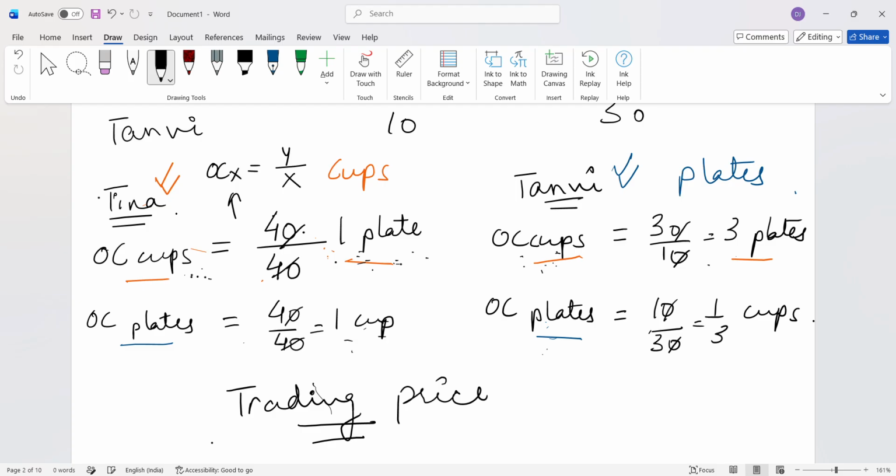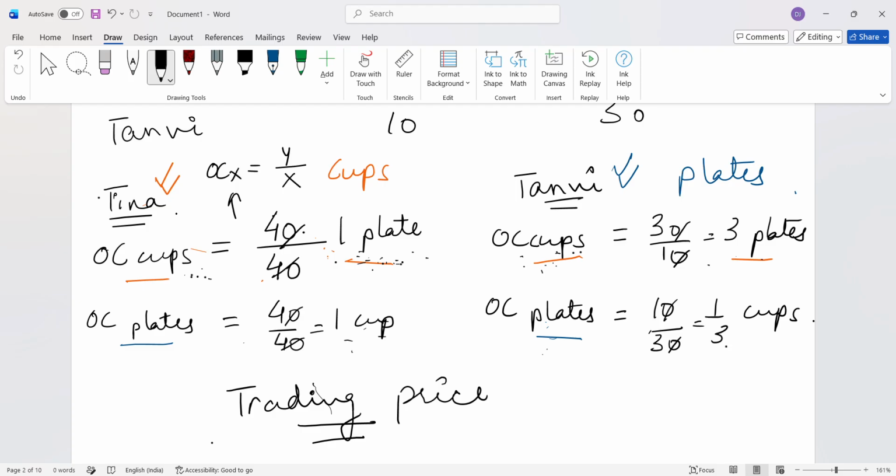Since in plates we have a fraction out here, let's not complicate it. So I would like to go with a whole number. So I'll take the opportunity cost for cups, the trading price between this for my calculation.